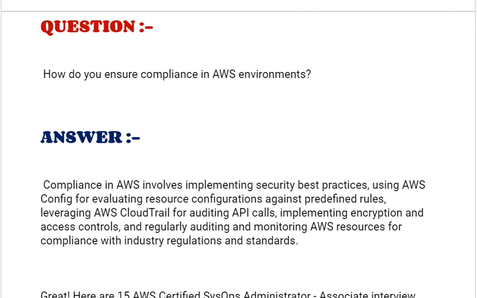Your answer should be: compliance in AWS involves implementing security best practices using AWS Config for evaluating resource configurations against predefined rules, leveraging AWS CloudTrail for auditing API calls, implementing encryption and access controls, and regularly auditing and monitoring AWS resources for compliance with industry regulations and standards.